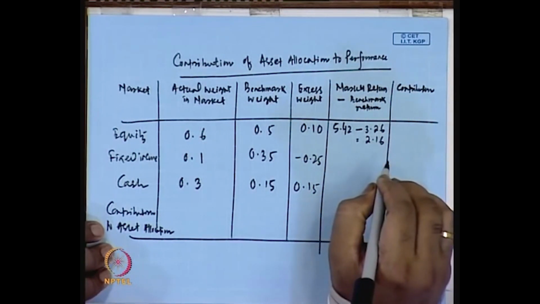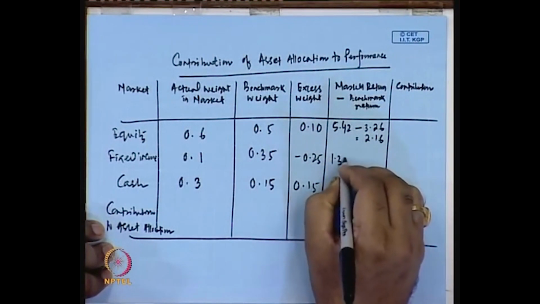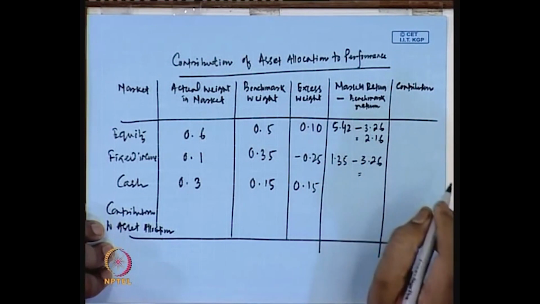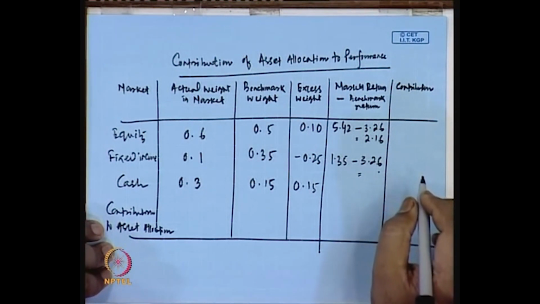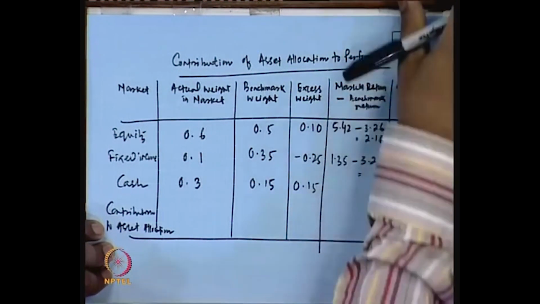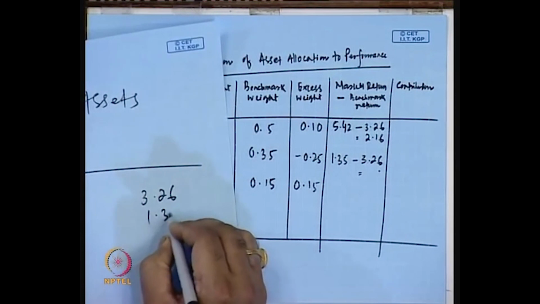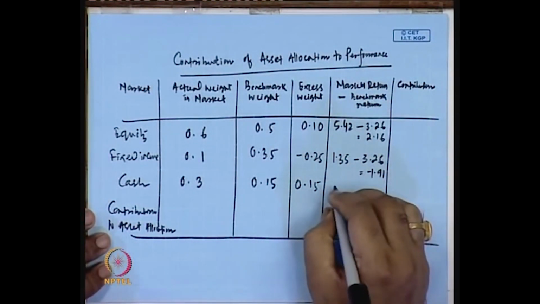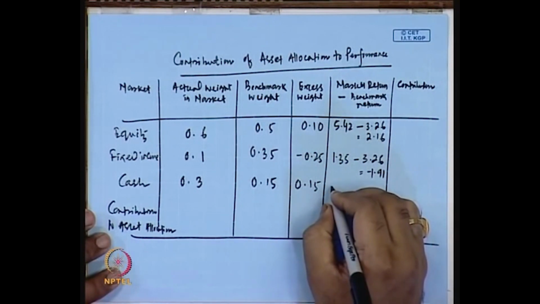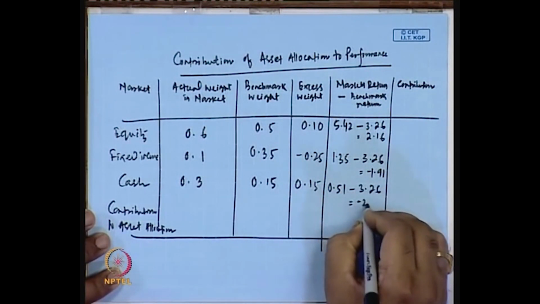For the bond, the market return is 1.91 minus 3.26, and for cash it is 0.51 minus 3.26, which gives you minus 2.75.